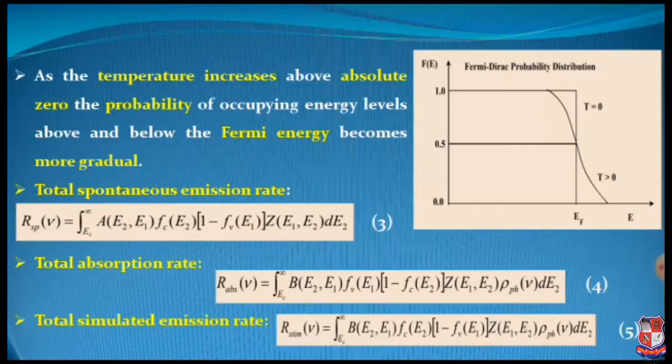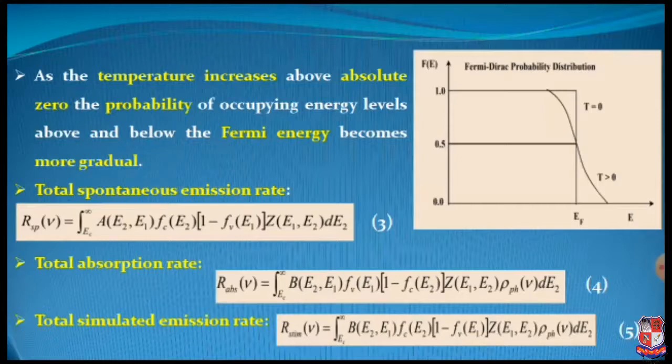Here A and Z are nothing but the energy function, or you can say the absorption function. Moreover, for the total absorption rate, remember here we have to identify three equations, one for the stimulated absorption rate, one for stimulated emission, and the last one for spontaneous emission. So the total absorption rate, R_absorption(V), is equal to the integration from EC to infinity of B(E1, E2).